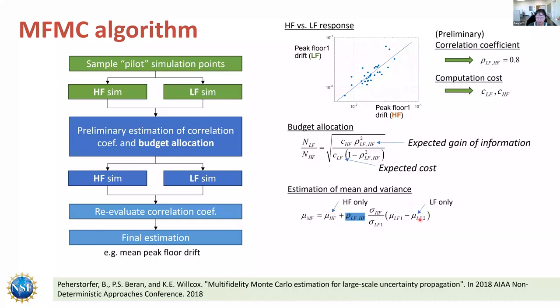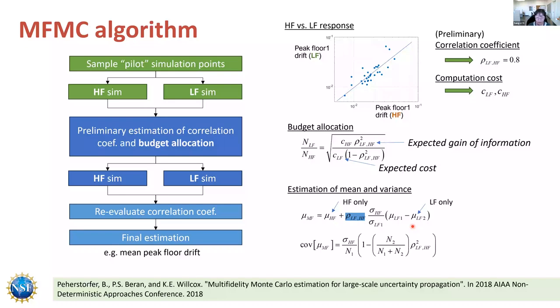And then there is also a term related to the prediction from the low fidelity simulation. And this rho accounts for the correction amount. So we start from the high fidelity estimation, and with this term we additionally get information from the low fidelity simulation and correct the estimation we had.